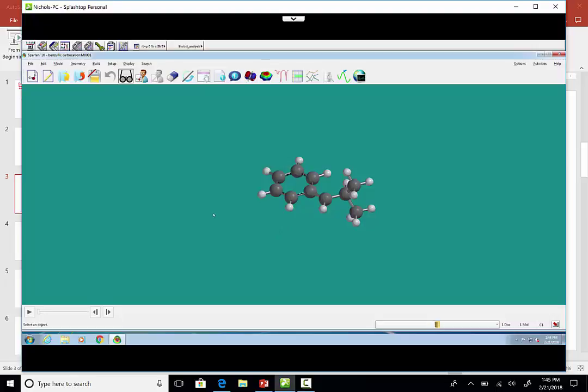Honestly, I've been a professional chemist longer than I've been a professional educator. So my gut instinct tells me that the benzylic is more stable than the tertiary. But I don't know that for a fact. So we go to the computer and we say, here is a structure. Which one is this? This is the benzylic carbocation, because there's the benzylic, and there it is, sp2 hybridized.